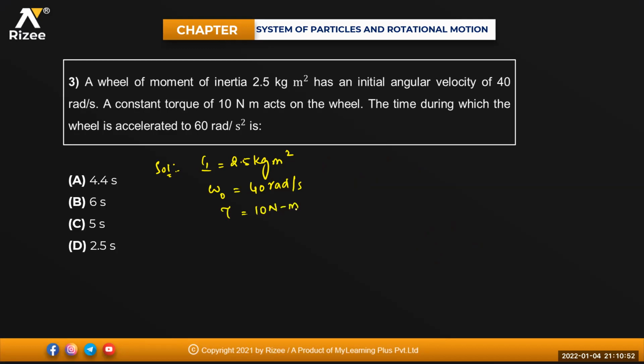The time during which the wheel is accelerated to 60 radians per second will be equal to how much? Can anyone try it, beta?